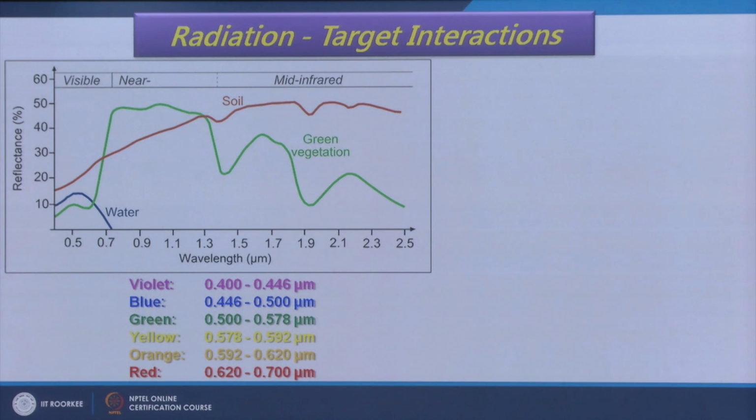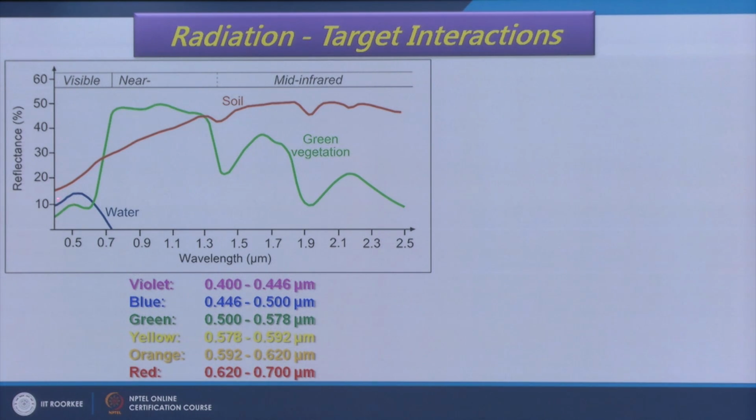These are spectral curves of three main, very standard curves which we have seen already in a small portion. Generally the water will reflect only in the shorter wavelengths, near 0.4 to 0.7, and then it is completely absorbed. So only in the first part of the visible part of the EM spectrum, and maximum you would see around blue, that is why pure water in a color composite may appear as blue.